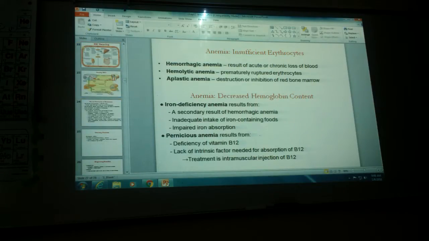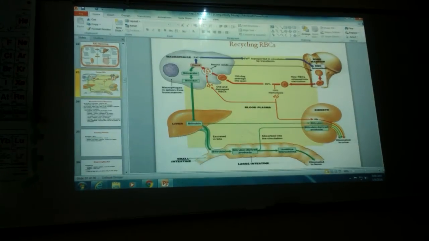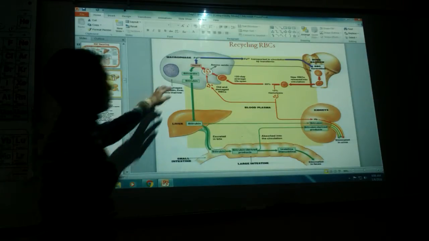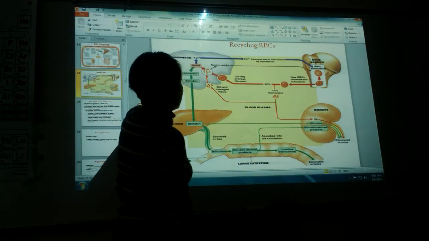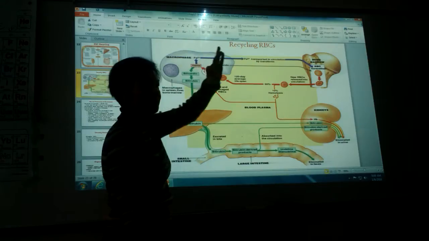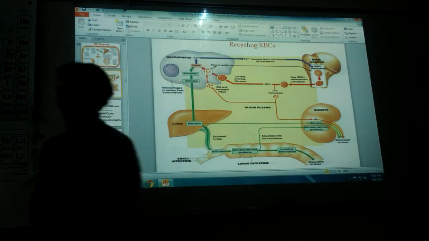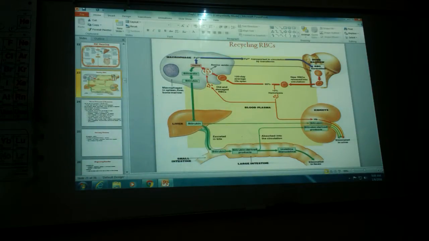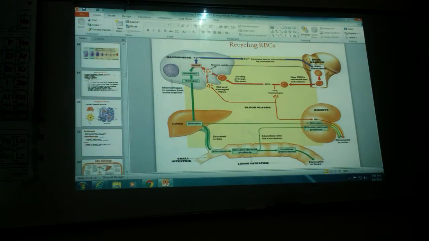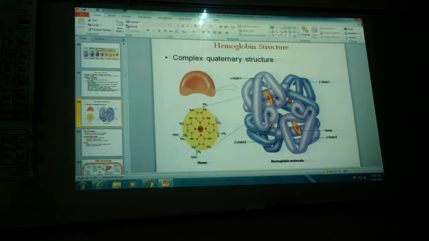By the way, this one here, we're going to finish this one. When we recycle this one, the heme is the coin. This is the heme part right here. This is the pigment part.